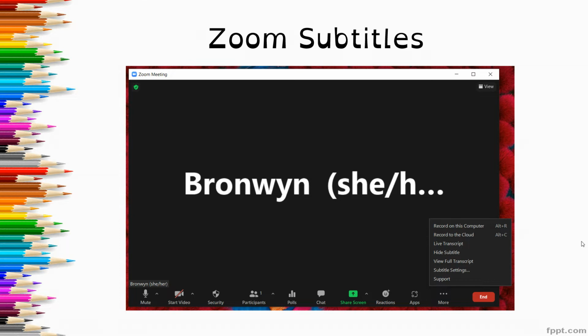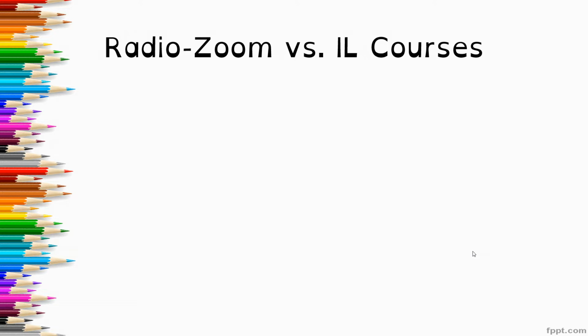But you might have, it might just say transcripts, or you might have to go to view more and then up to hide subtitles. It might even say hide subtitles or show subtitles, and you can do whatever makes the most sense for you. All right, so that's how you use Zoom.